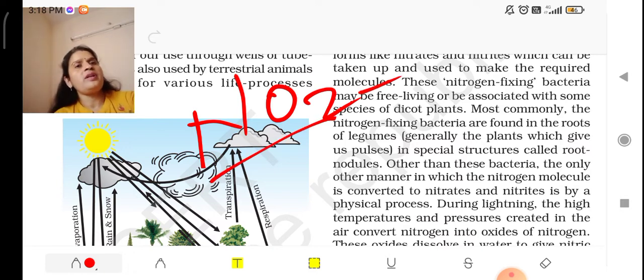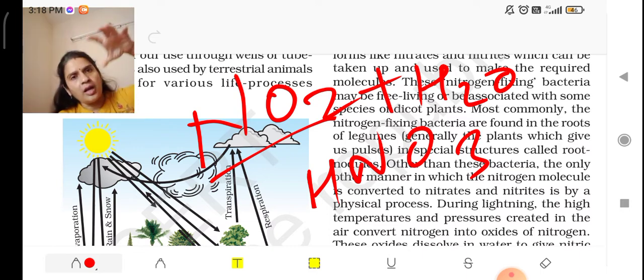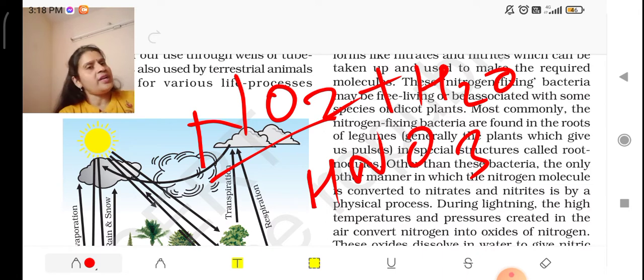Later on, it combines with water and forms HNO3, nitric acid, and nitrous acid, and these acids fall on the earth along with the rain. Then they are already converted into nitrate, because it's a hydrogen nitrate. Already they are converted into nitrate and nitrite, so in this form the plant can use nitrate and nitrite directly.